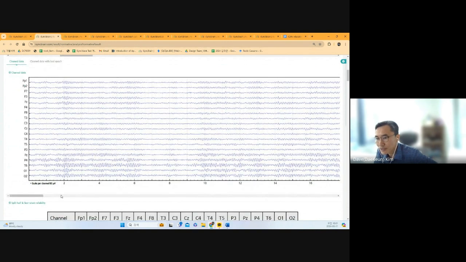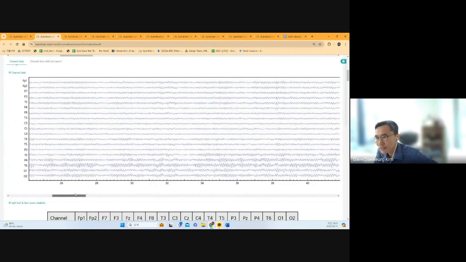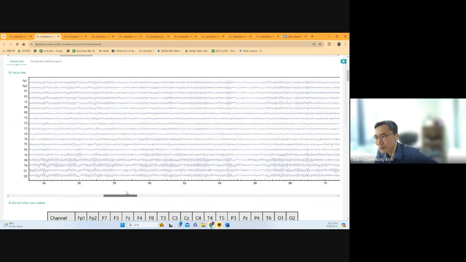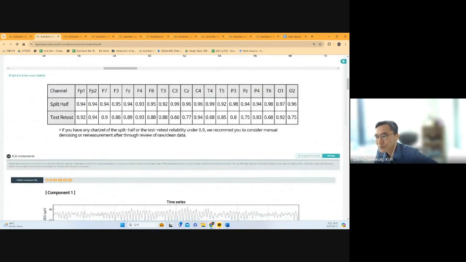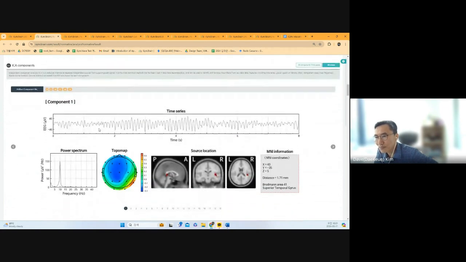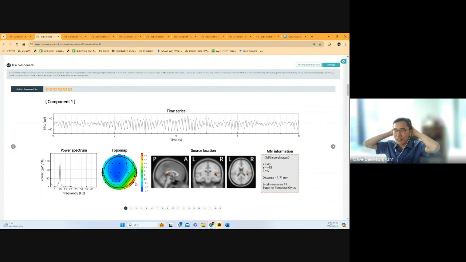And we can see this girl having a lot of alpha activity in all channels. In the components, we can see the first component in depression, typically the alpha activity from the healthy alpha activity in the posterior area is coming in the forward direction.